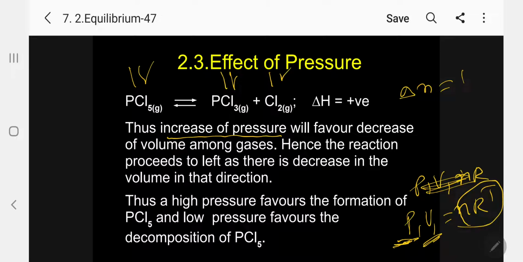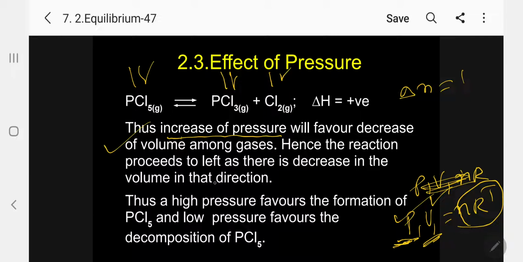Kindly follow, at a particular temperature, when pressure increases, volume decreases. When pressure decreases, volume increases proportionately. So that factor you have to consider here. Increase of pressure will favor decrease of volume. Hence, in this reaction, whenever pressure is increased, volume decreases and the reaction will favor the backward direction, the lower volume.